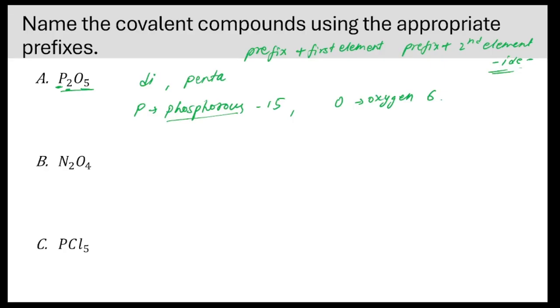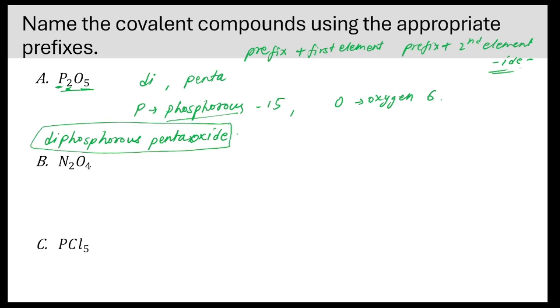So this is diphosphorus, and there are 5 oxygen, pentaoxide. From oxygen it will be oxide, so the name is diphosphorus pentaoxide.